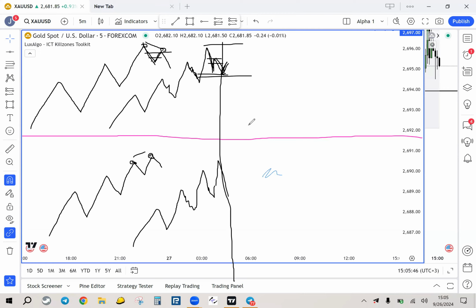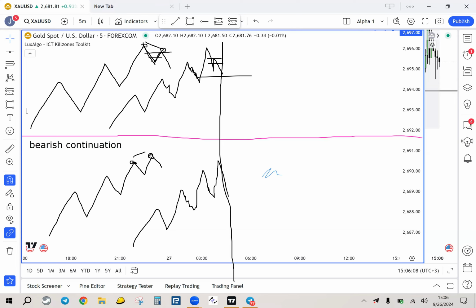So this would be the type of bearish continuation divergence, okay, that would happen in a bullish market. That would not really make sense for something which is bullish to continue bearish.